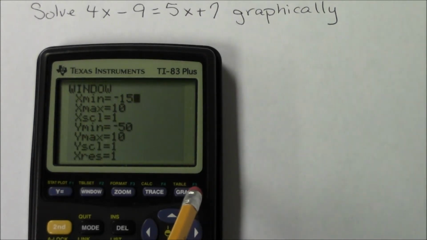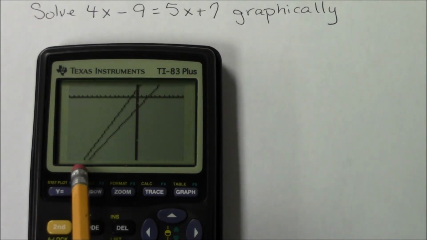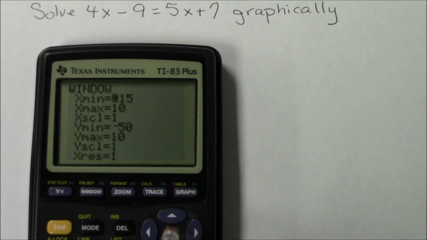And once again, it's a little bit of trial and error here so that you can get this window set the way it needs to be. We'll push the graph button. And we are almost there. We need a little bit more in our y direction, a little bit more in our x direction. It looks like it's crossing somewhere down around here. So we'll go back to our window. Let's try negative 20. And we need some more in the y direction.